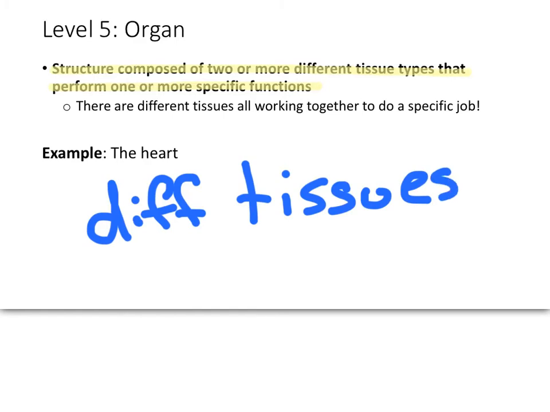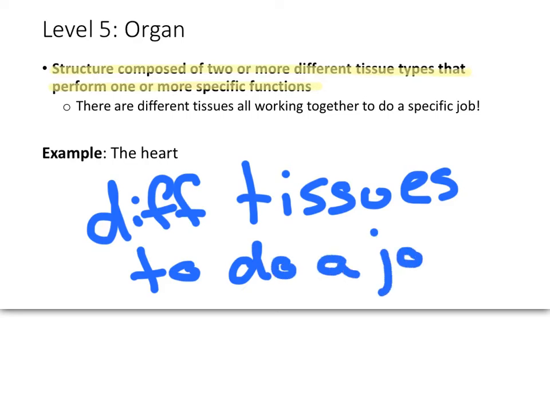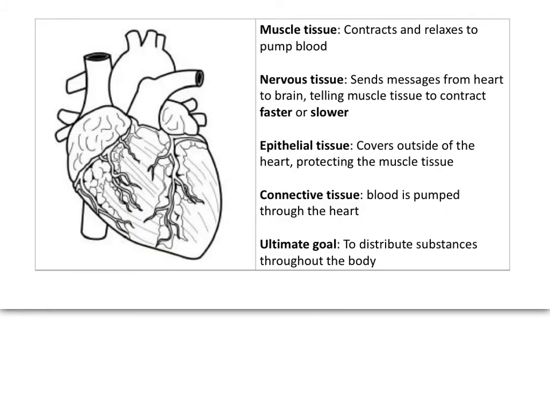So tissues to do a job. So a prime example of this is the heart. What we're going to see is the 4 main categories of tissue in a heart and what they do. So what we have right here on our left is a diagram of the heart. Now, the heart is made of all of the 4 categories of tissue.